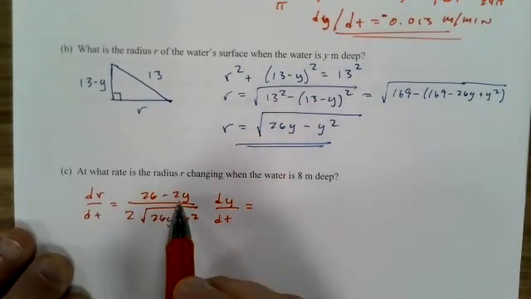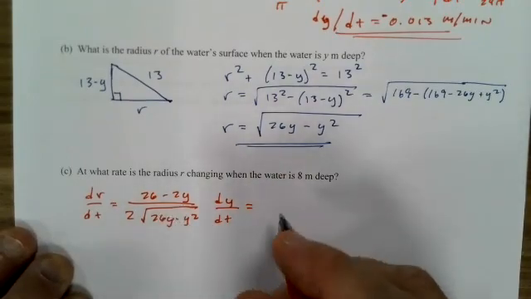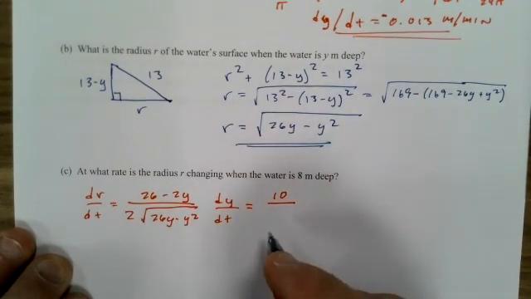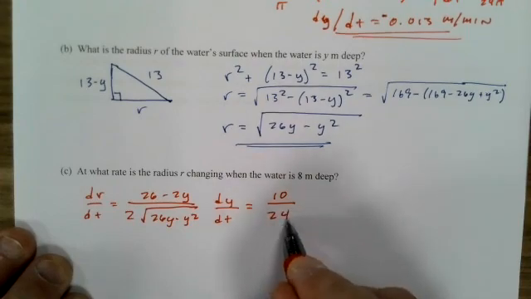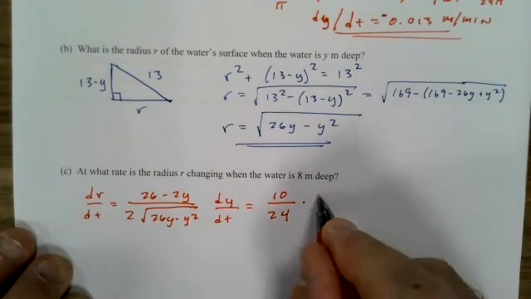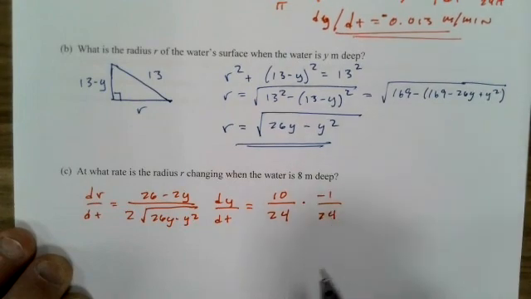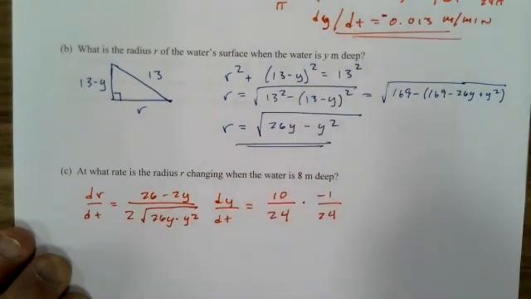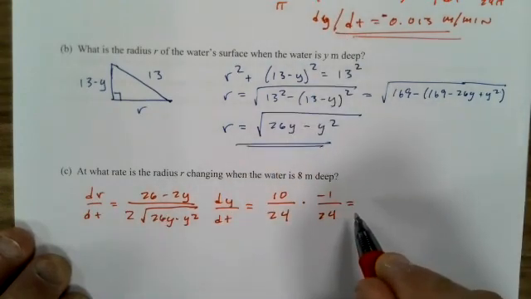So here we get 26 minus 16, 10. Multiply 8 and 8 squared, square root and 2. We get 24. And then we'll go up here and take this negative 1 over 24 because the radius is changing negative. Now, if you had left it off on both problems, that's fine, as long as you're aware of what's going on.